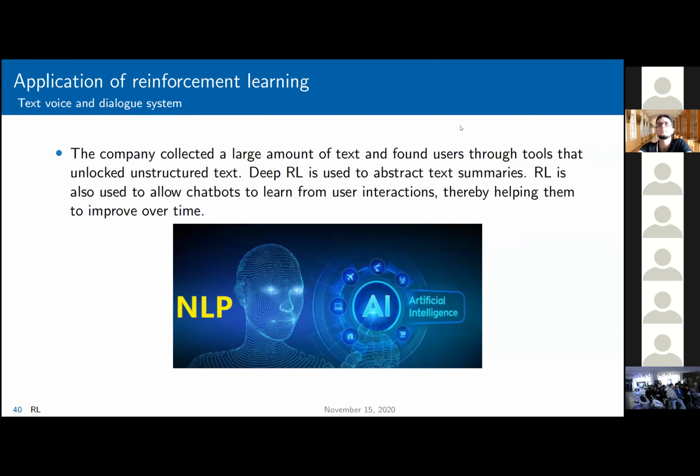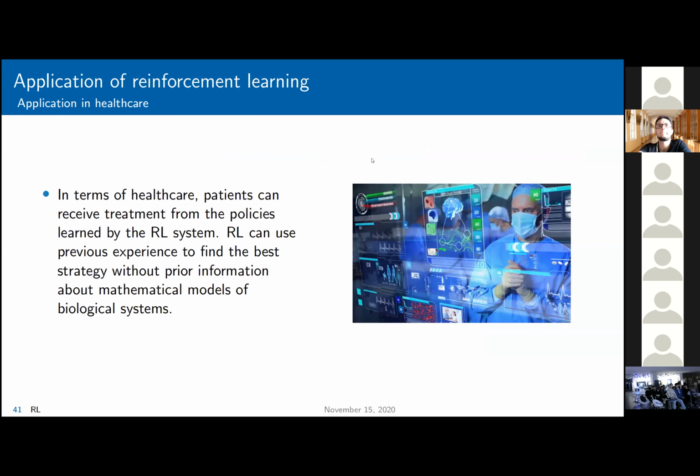The fourth is application in healthcare. In terms of healthcare, patients can receive treatment from policies learned by the RL system. RL can use previous experience to find the best strategy without previous information about the mathematical model of biological systems.